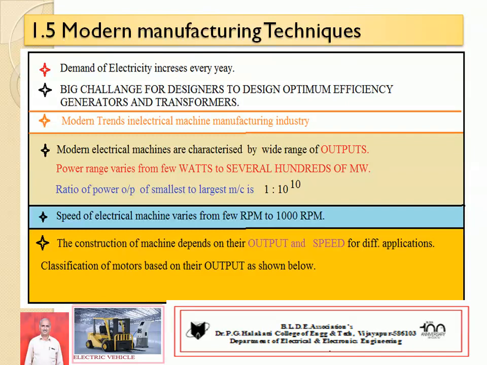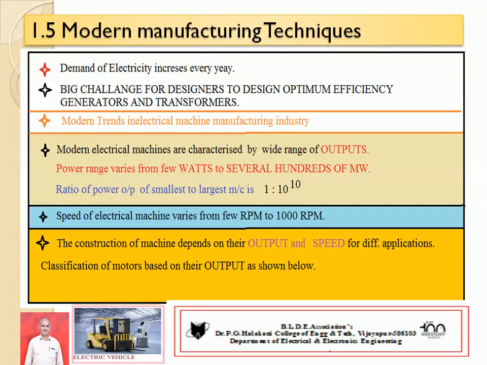Before going to this, we have to concentrate on different points. There are modern electrical trends available. Then, how are the machines classified: as per the outputs, as per the sizes, or as per the speeds. Basically the machines are characterized depending upon their outputs.